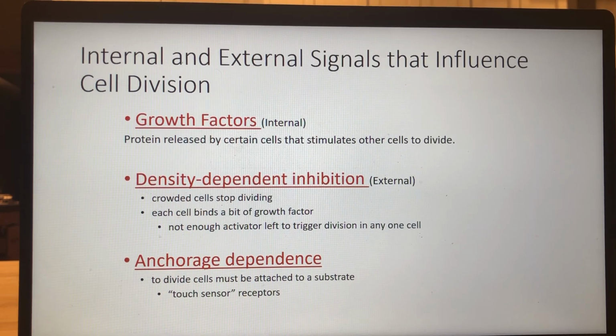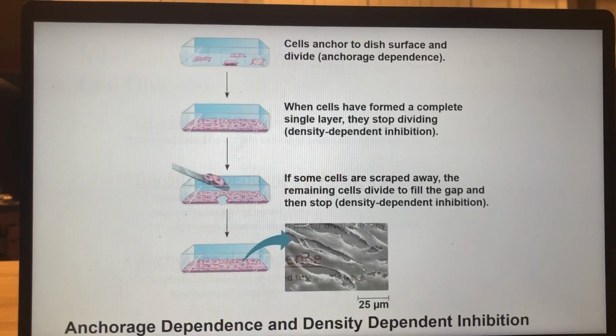Density-dependent inhibition, which is an external thing, and anchorage dependence. Basically, density-dependent inhibition is if cells are crowded and touching each other, it stops them. Anchorage dependence means that cells have to be attached to something, like a petri dish.